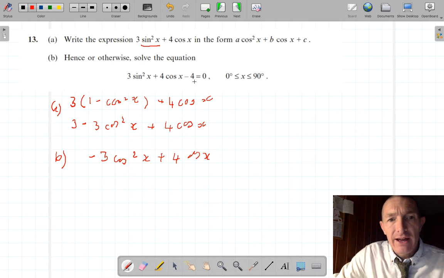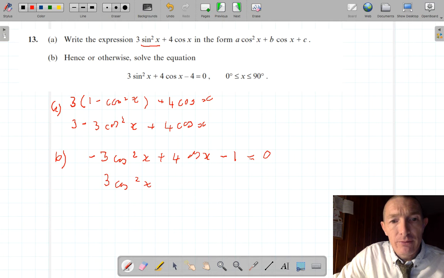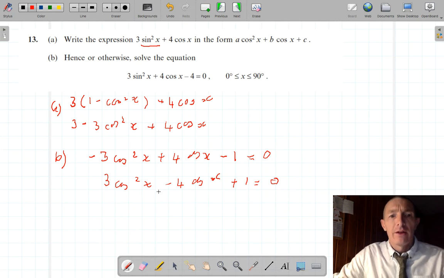And I've got 3 and I've got minus 4 here, so I'm going to make that minus 1 equals 0. Now when I try to solve quadratic equations, I like to start with the positive. So I'm going to multiply every single term through by minus 1. And this is a cos, my very spidery writing. And this becomes plus 1 equals 0.